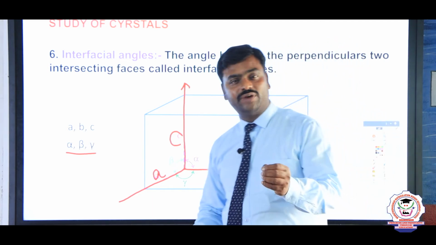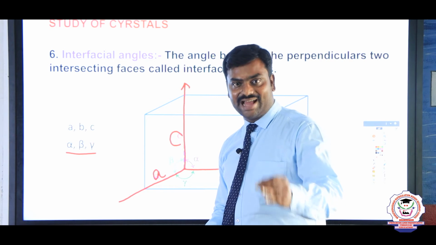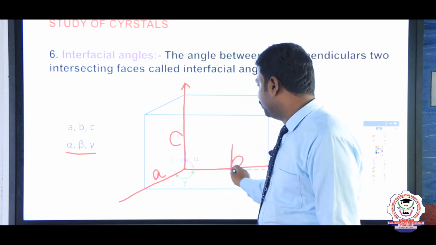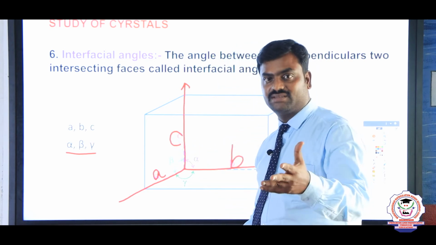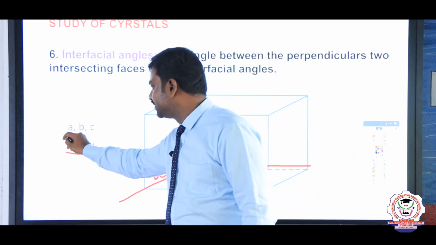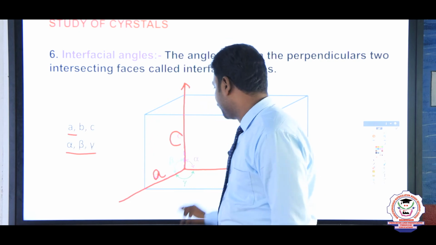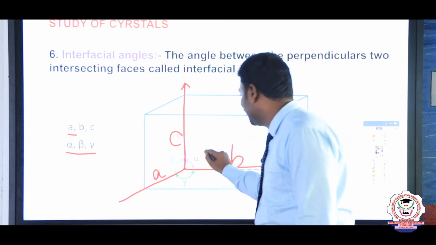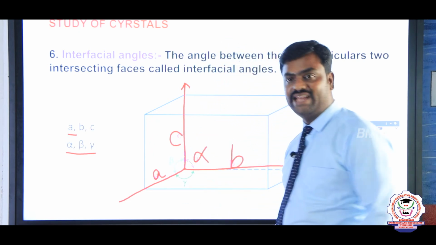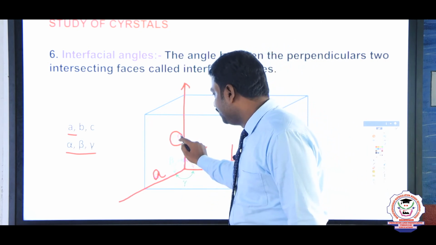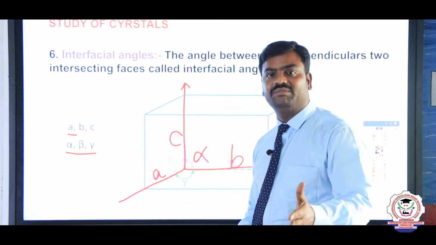Now, how to find out the interfacial angle? See, in between B and C, there is something missing, that is A. So, if A is missing, the angle should be denoted as alpha. So, the angle between B and C must be alpha. Next one, the angle between C and A, what is missing? B is missing.